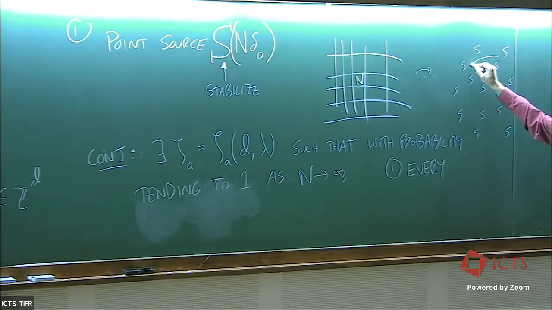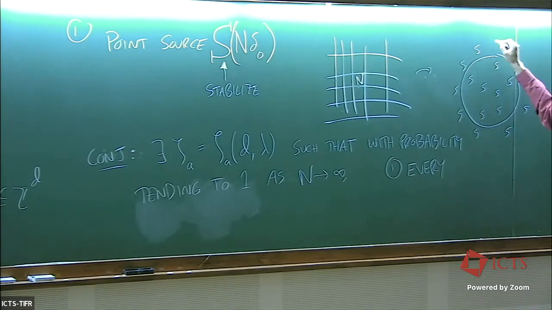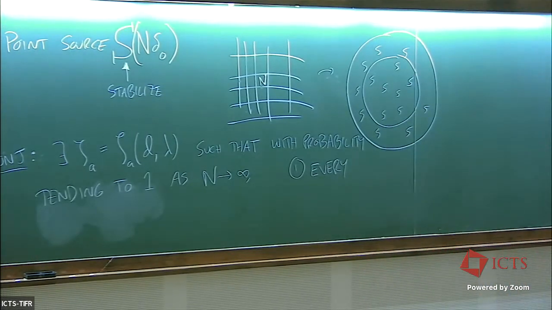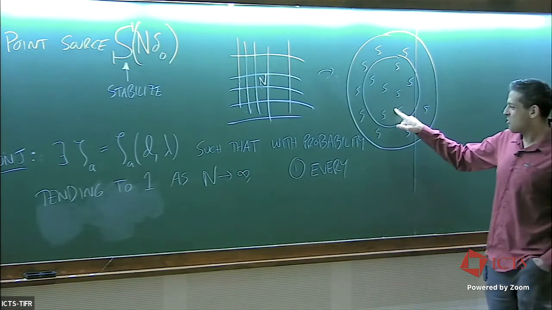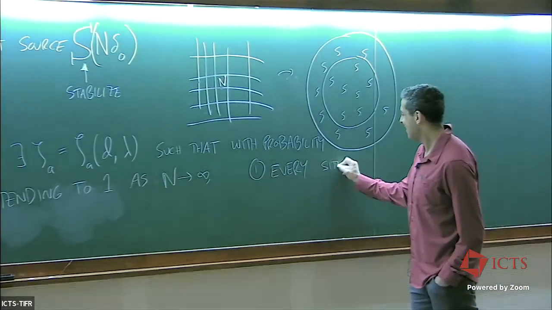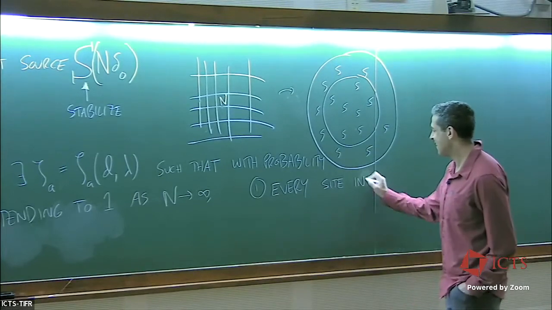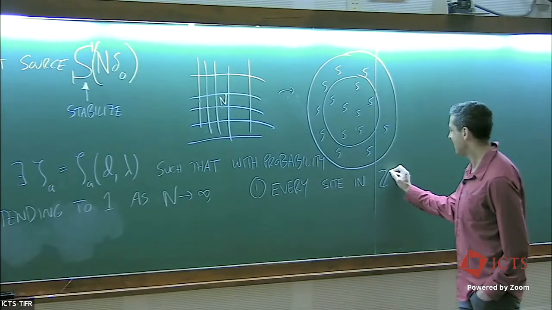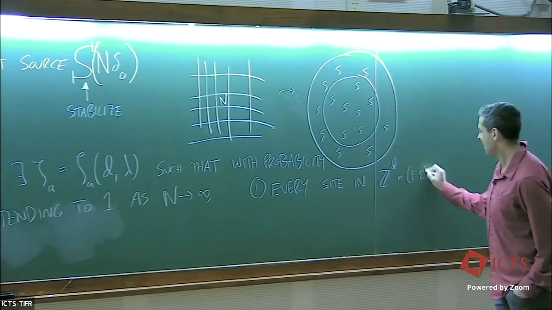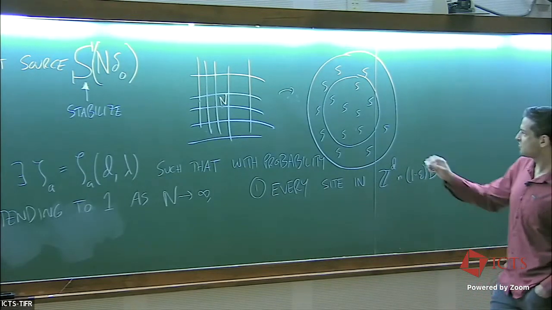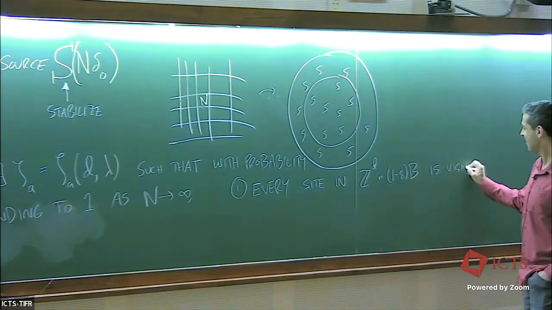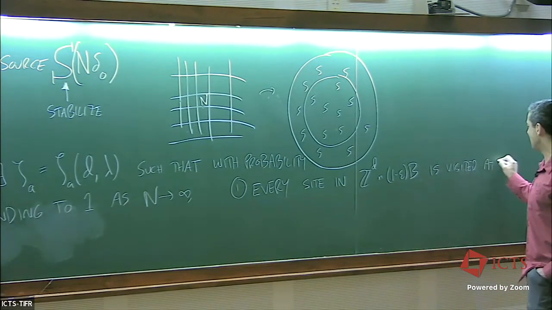So you have an inner ball and an outer ball. For the inner ball, we'll say every site in, say, Z^d intersect 1 minus epsilon B is visited at least once.